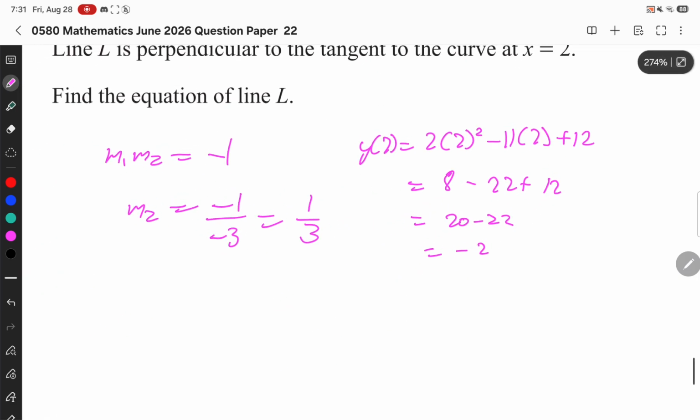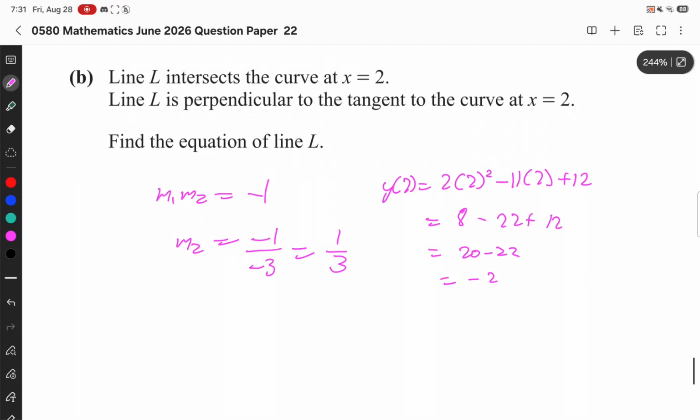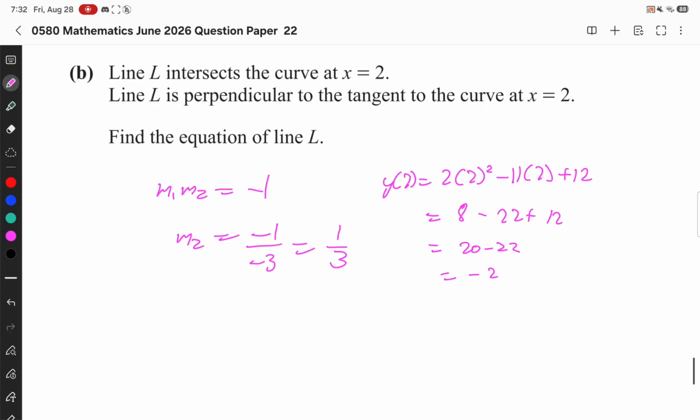Now let's go. We can do many things over here. I don't know why this is the answer it's giving me. Okay, let's figure it out ourselves. So this is y is equal to a third x minus 2.